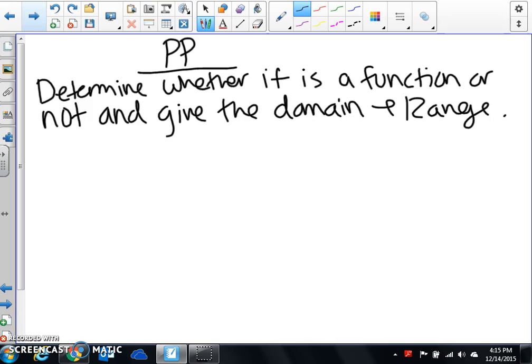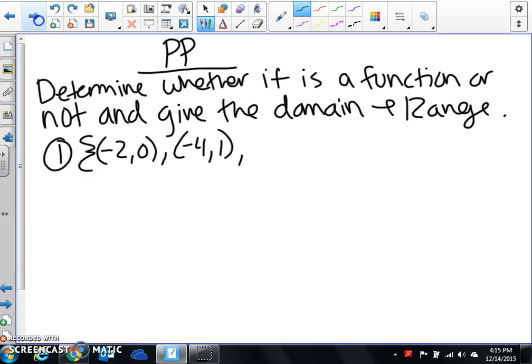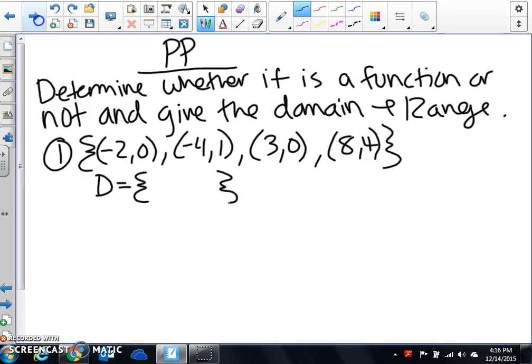All right, so number 1. -2, 0, -4, 1, 3, 0, 8, 1. All right, let's make that 8, 4. Okay, so you're giving me the domain, the range, and then yes or no for a function. That's what you're doing on all of them, okay?